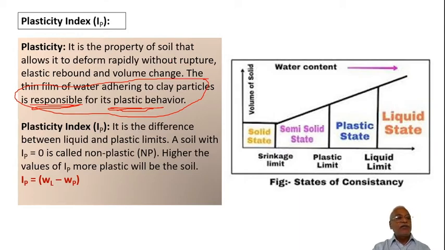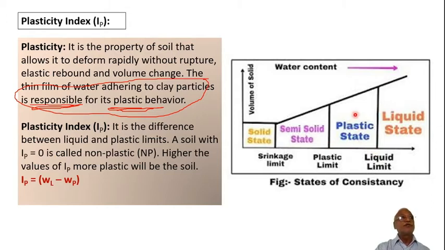Okay. Now plasticity index. This is easy to understand because plasticity index IP is the difference between liquid and plastic limits. Very simple. We have defined liquid limit and then plastic limit. If you take the difference, whatever value you get, that is called plasticity index. A soil with IP equal to 0 is called non-plastic, means this minus this equals 0, in the sense there is no plastic state at all.